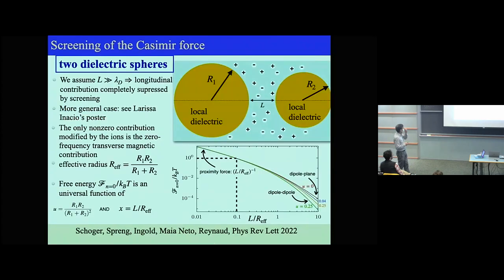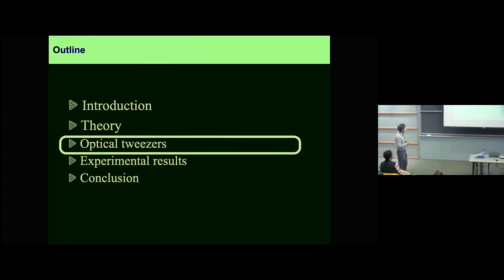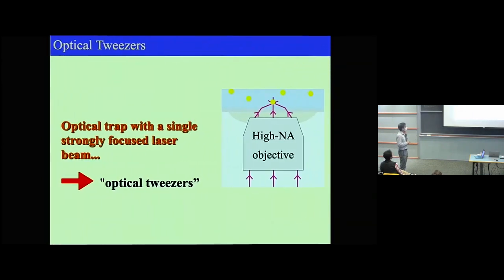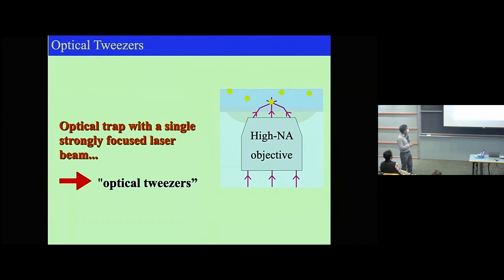Okay, so now let's talk a little bit about our experiment. I will just have a very short reminder or introduction to optical tweezers. Optical tweezers are optical traps where I use a single laser beam that crosses a high numerical aperture objective, and the particle is going to be trapped near the focus of this beam, right?